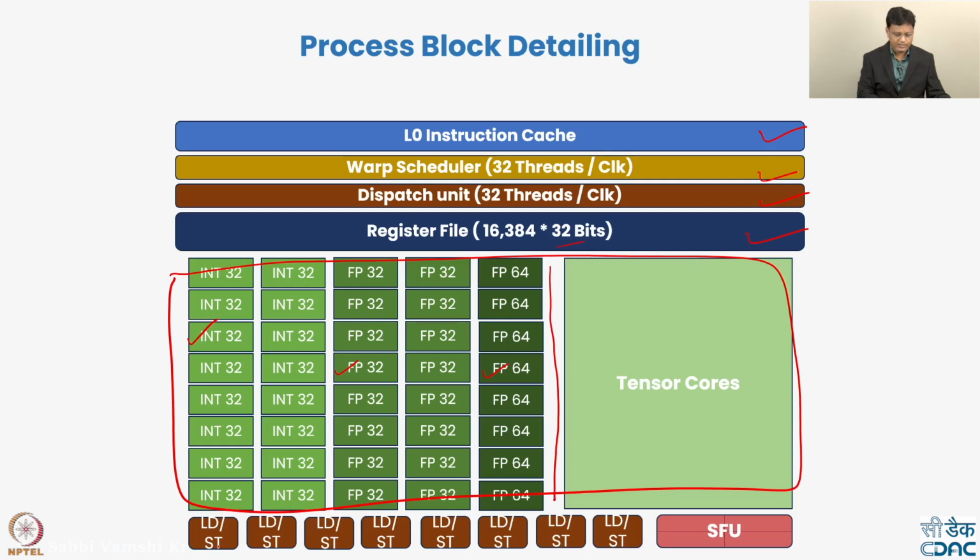Apart from that, there is the load and store unit, that basically fetches the data from the memory and loads it to the register files. At last, there is the SFU, the special function unit. Any special mathematical functions like square root or trigonometric operations can be performed by this special function unit.